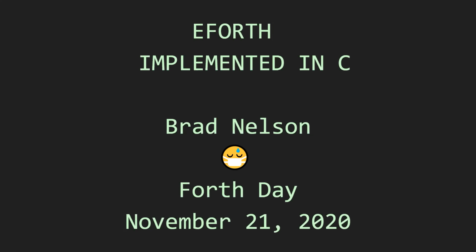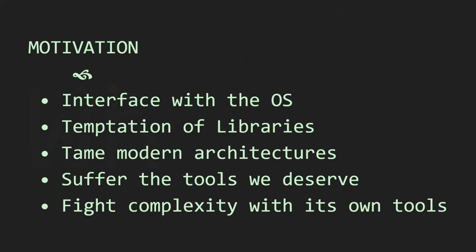But it provokes the question of why C. The motivation, as I mentioned in that email, is that in the modern world you want to interface with the operating system. Oftentimes, operating systems have gotten big and are not getting any smaller. There's a lot of code out there.